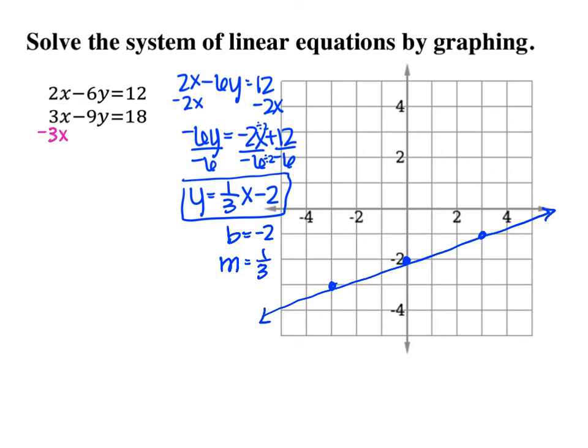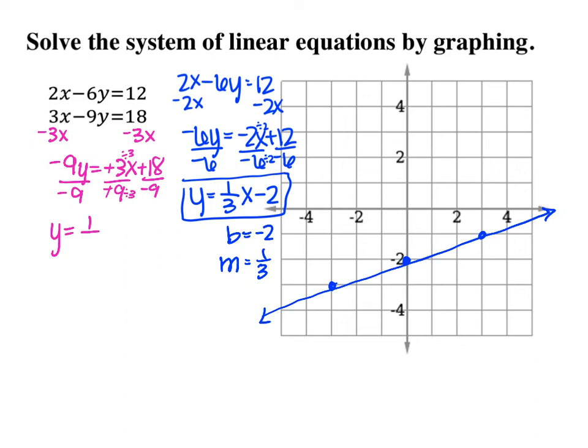If I subtract 3x from both sides, negative 9y is negative 3x plus 18. And divide everything by negative 9. I get that y is, well, I can reduce again. This time I can divide both by 3. And I know a negative divided by a negative makes a positive.